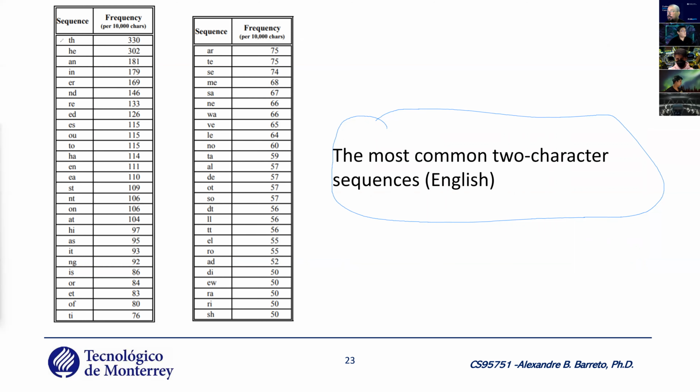But in English you have, for example, the sequence TH, the frequency is 330 in 10,000 characters. You can use this table to complement your analysis, but most of the time you don't need to. With the first one you find the key in the system and don't spend a lot of time.